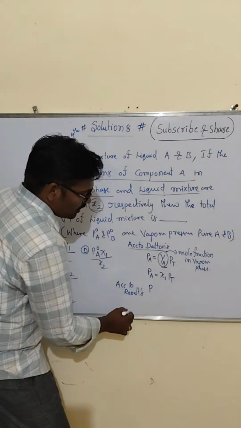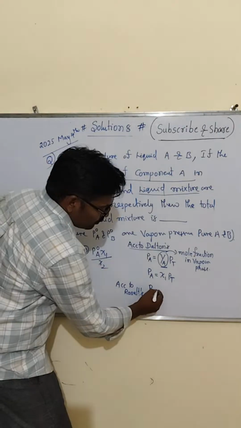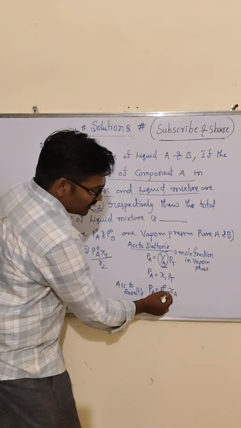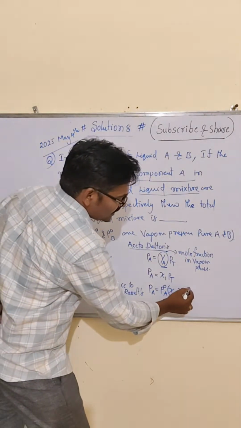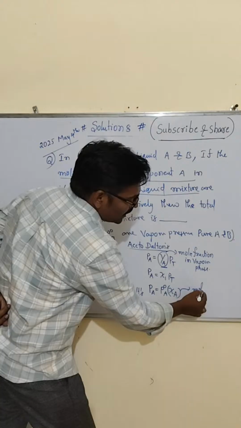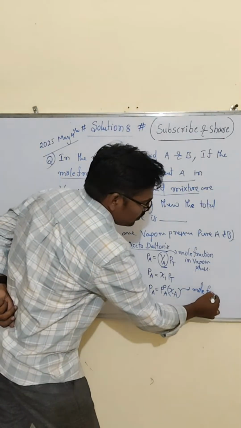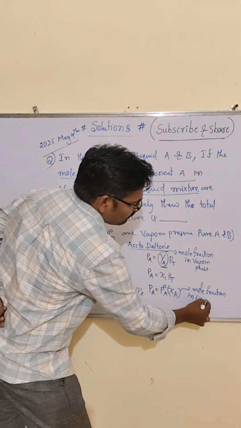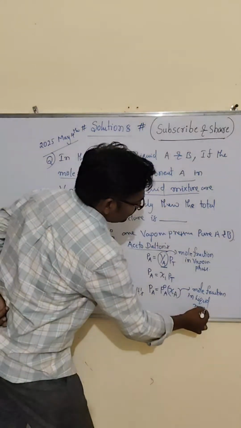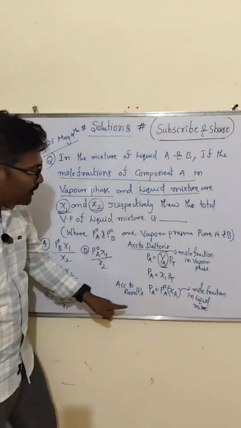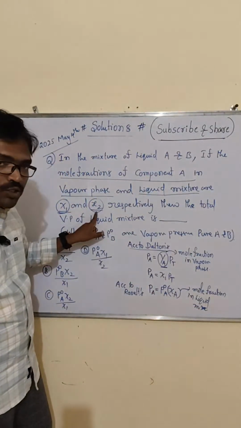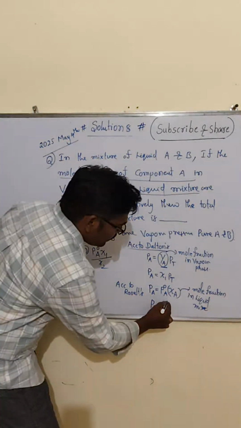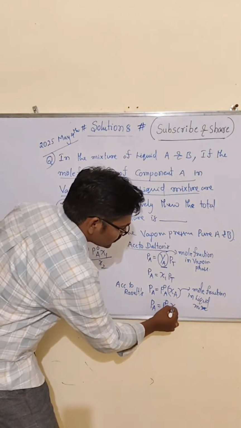PA equals P naught A into mole fraction of A, the mole fraction in the liquid phase, in the liquid mixture. Clear, my dear students, right? So in the place of XA, we can take X2. So PA equals P naught A into X2.